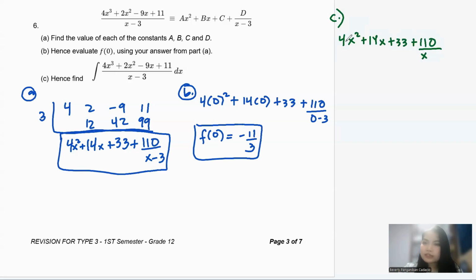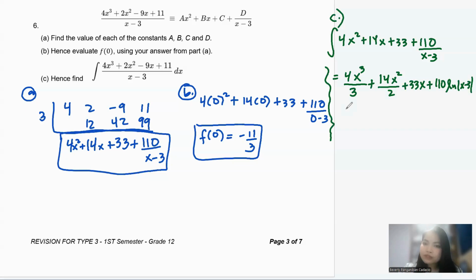Integrating this, it means that you just need to do plus 1 in your exponent, and the same exponent you divide it. 14x to the 1, but plus 1, it's x squared over 2, plus 33, and that's a constant, so you will just add x there. And then this one, you have x minus 3 at the bottom, then it means that you have ln of x minus 3.